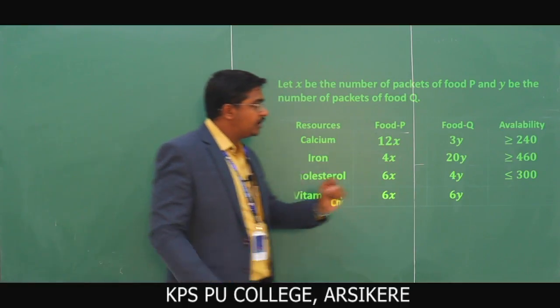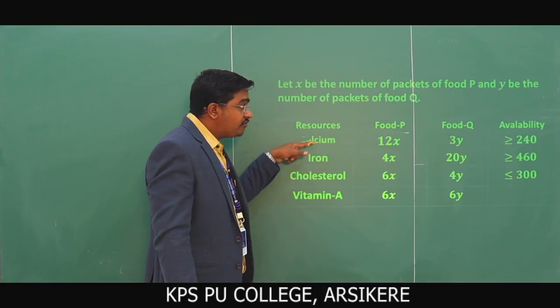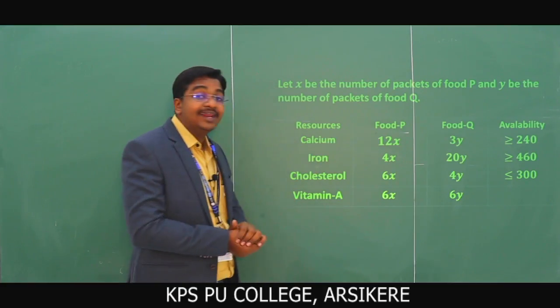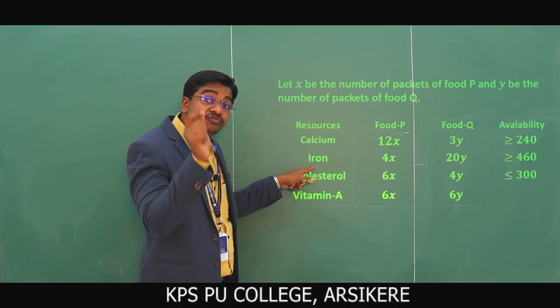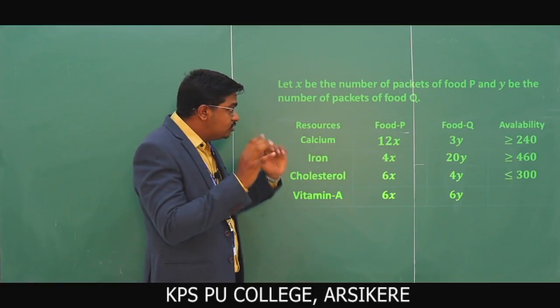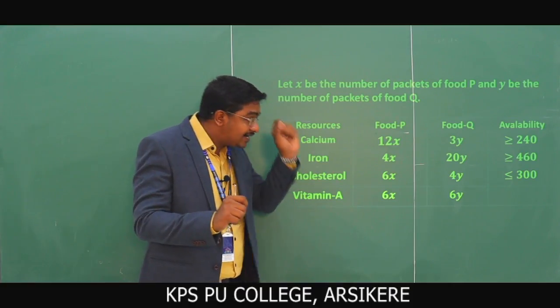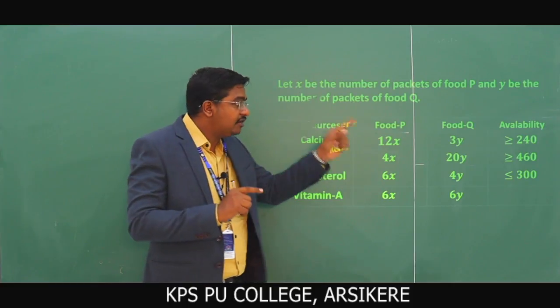So what is the availability here? The amount of calcium is at least 240 units, that is greater than or equal to 240. Iron is at least 460 units. It means the amount of iron used to develop food P and food Q must be at least 460; 460 is the minimum, it can exceed 460.